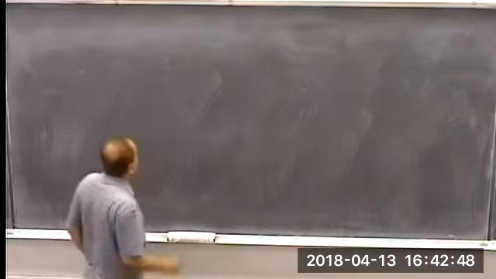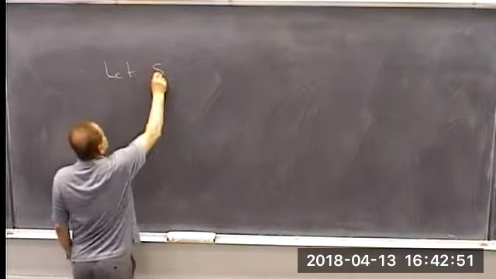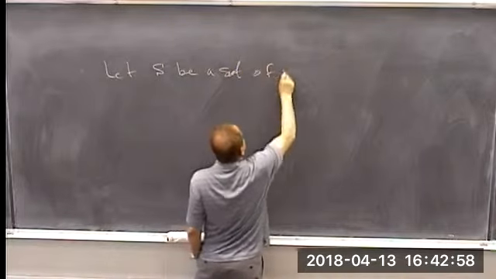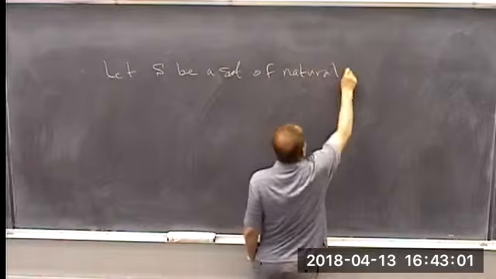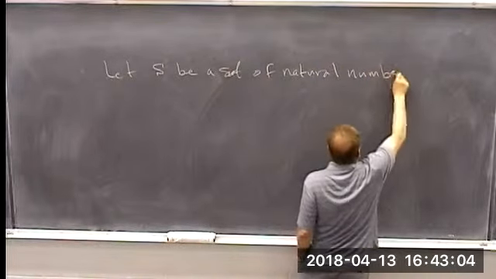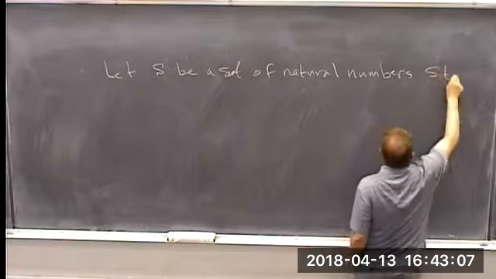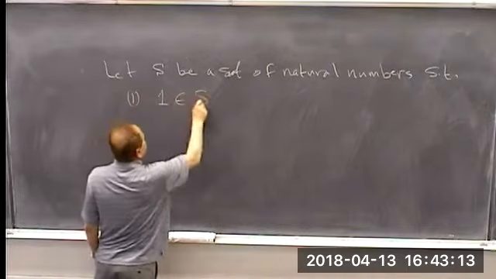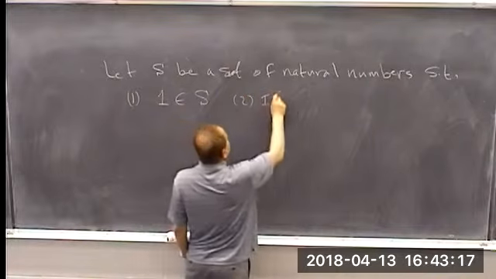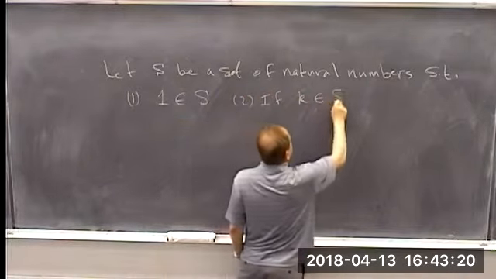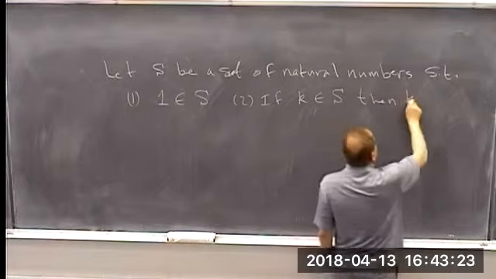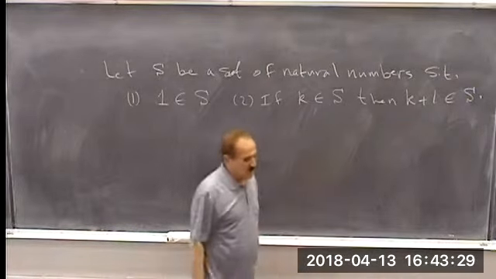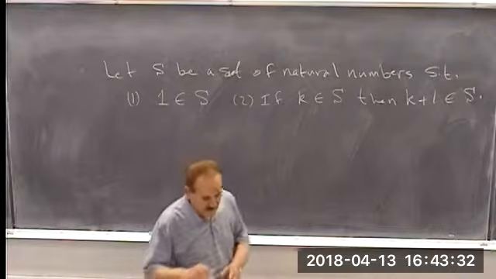So we're going to let S be a set of natural numbers such that 1, the number 1 is in S; 2, if K is in S, then K plus 1 is in S. And I want to show, of course, that S is equal to all of N.